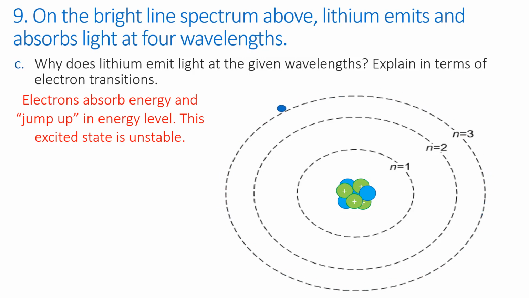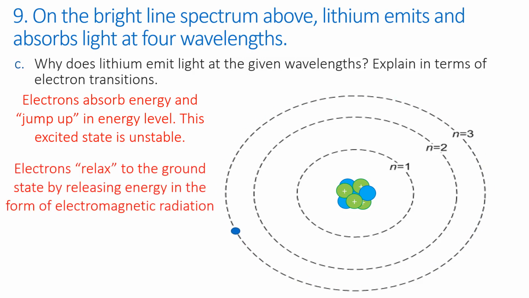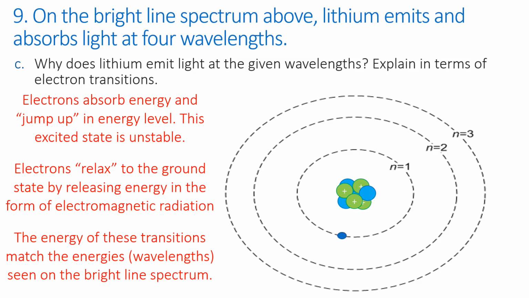So electrons absorb energy and jump up in energy level. This excited state is unstable. So to regain stability, electrons relax back down to the ground state by releasing energy in the form of electromagnetic radiation. So we see this with our eyes as light. Then the electron, having lost that energy, returns back to its ground state.